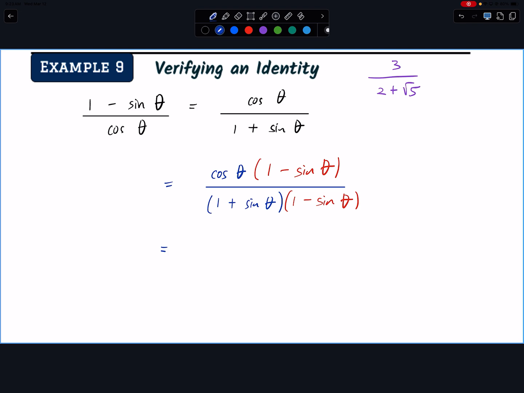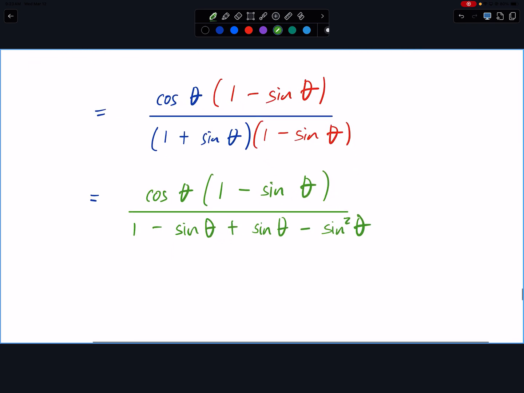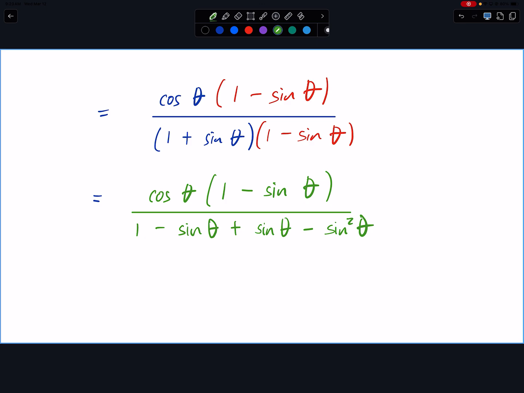Okay, so if I multiply all this out, the numerator is going to stay the same, so cosine theta, 1 minus sine theta. The bottom is going to become 1 minus sine theta plus sine theta minus sine squared theta. These cancel because they're opposite signs.